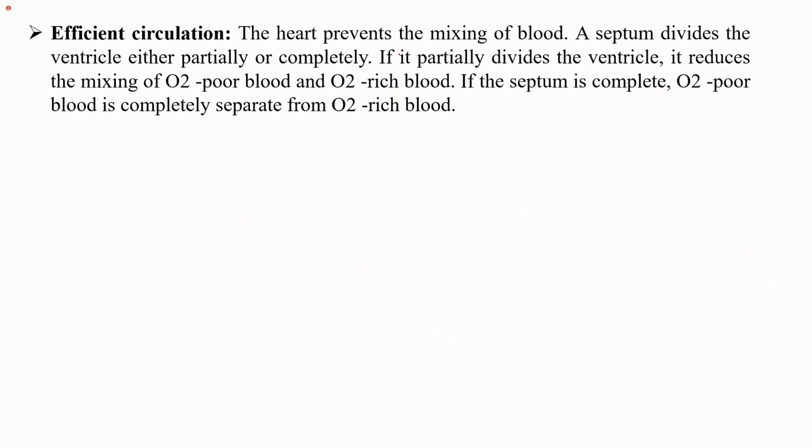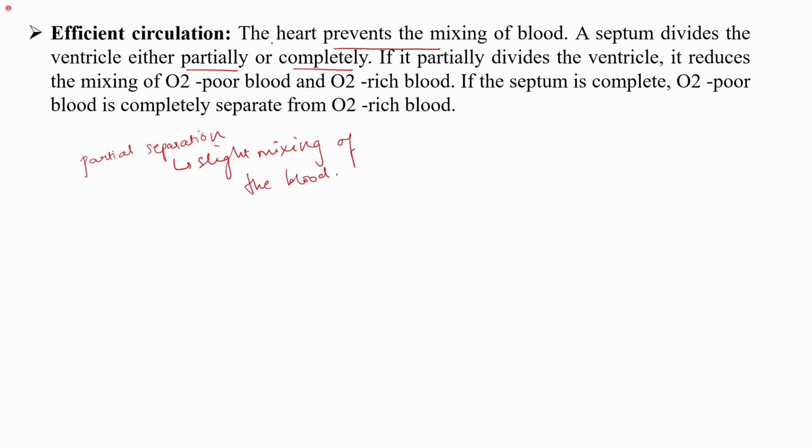Then it is the efficient circulation. Till now, we see that amphibians have the 3-chambered heart, and before that, we have the 2-chambered heart. The heart prevents the mixing of the blood. A septum divides the ventricle either partially or completely. When there is a partial separation, there is slight mixing of the blood, because there will still be some opening.